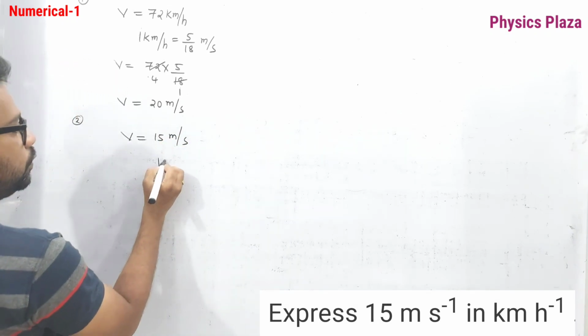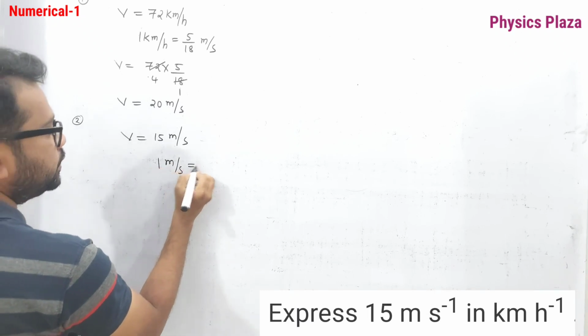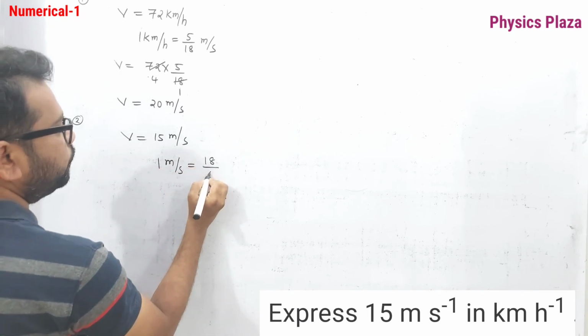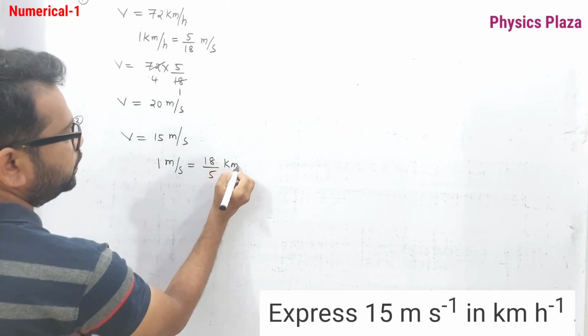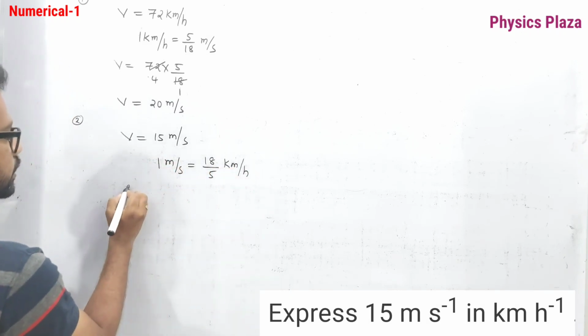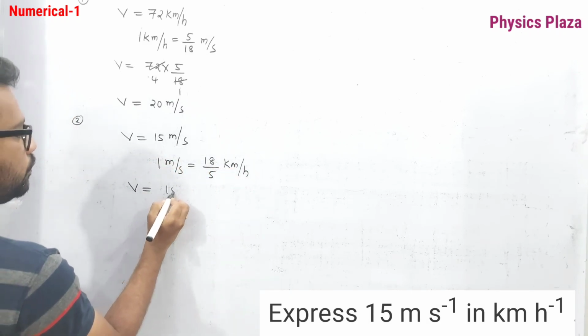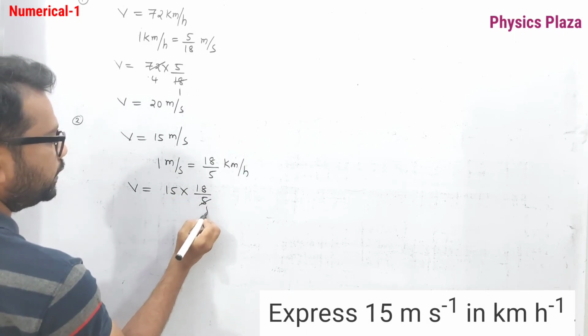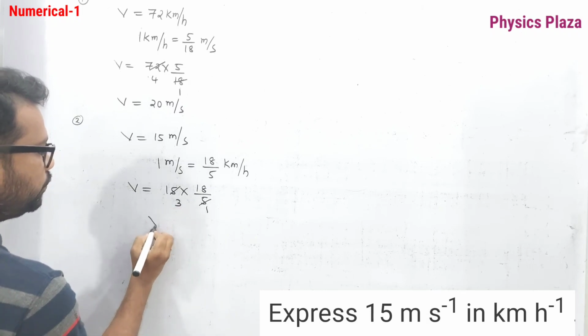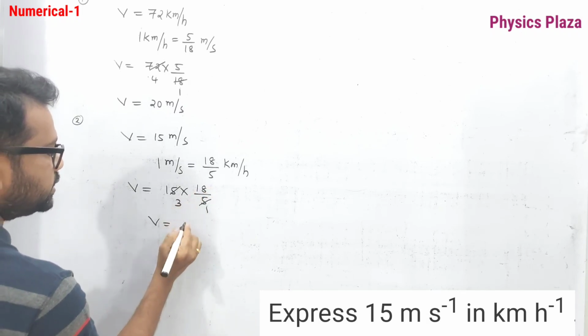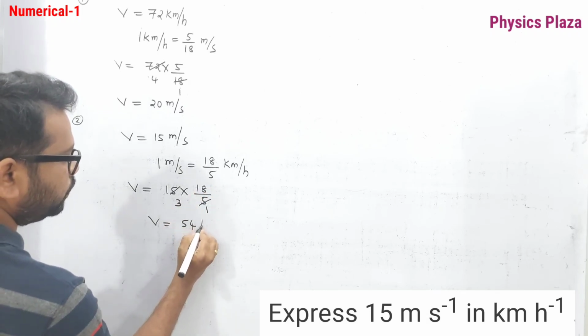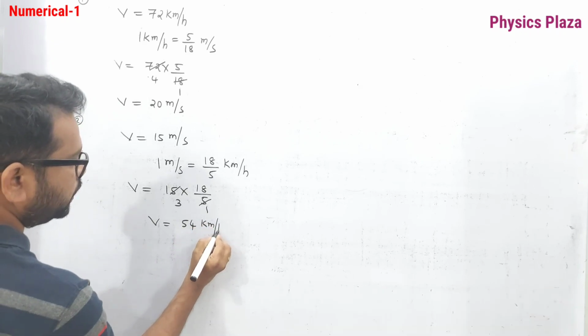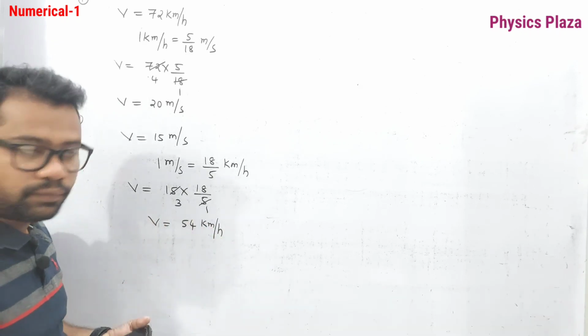We know that 1 meter per second is equal to 18 by 5 kilometer per hour. Now substitute here. V is equal to 15 into 18 by 5. Children, 5 ones are 5, 5 threes are 15. So V is equal to 18 threes are how much? 54 kilometer per hour. Is that clear? Fine.